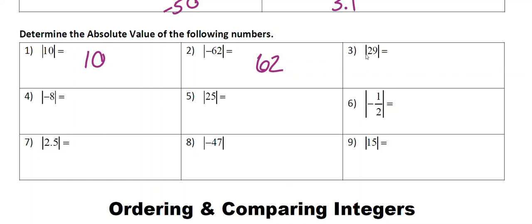How many spaces away from 0 is 29? Well, it's 29 spaces. Absolute value of negative 8 would be 8 spaces away. Absolute value of 25 would be 25 spaces away. And then absolute value of negative 1/2. Well, it's only going to be 1/2 space away from 0. Go ahead, pause. Do 7, 8, and 9 on your own.